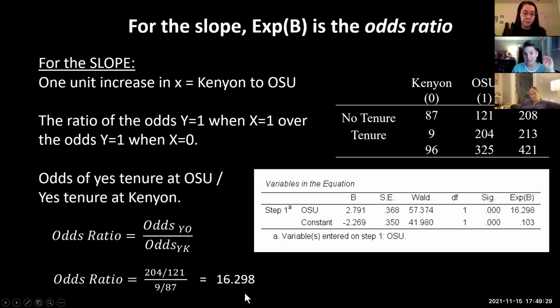So if I walk up to a table and there are two people there and one's from Kenyon and one's from Ohio State, the odds that the person from Kenyon has tenure are 16 times less than the odds that the person at Ohio State has tenure.